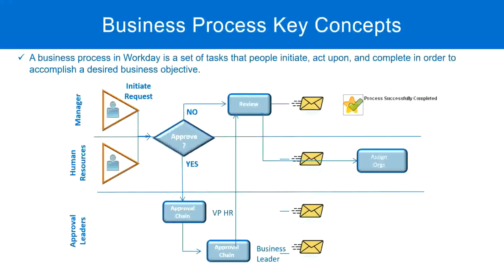Now, in this particular flow diagram, there is a sequence of tasks that needs to happen. Correct. And it needs to happen in a particular sequence. First, it would be initiated. Then it goes for approval. Then approval chain and review, and so on.